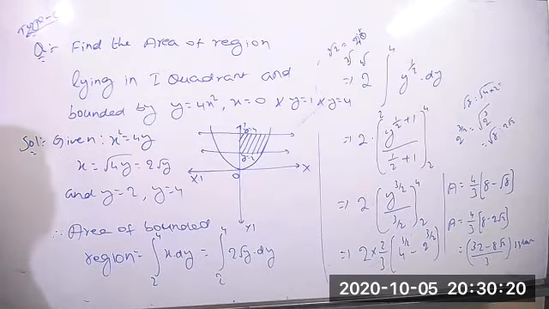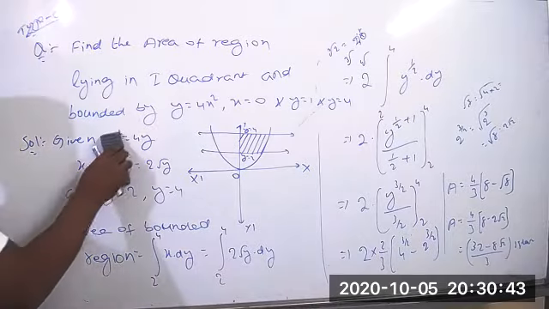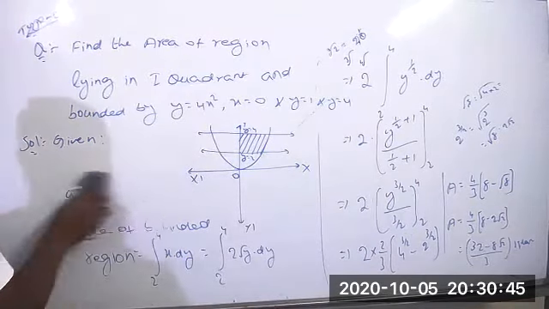Find the area of region lying in first quadrant and bounded by y equal to 4x square, x equal to 0 and y equal to 1 and y equal to 4. First I want the graph of that. Anyone?